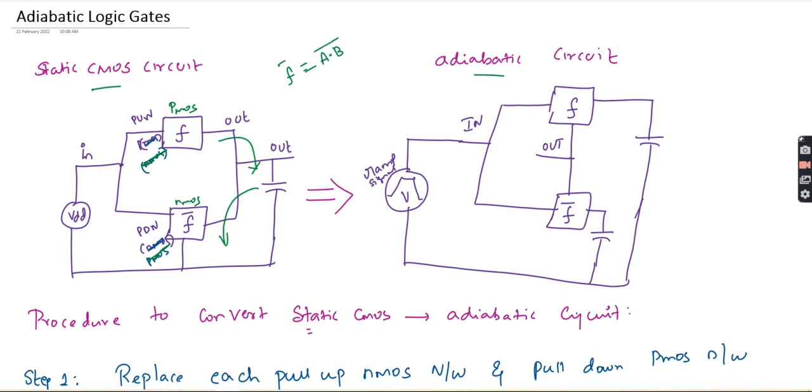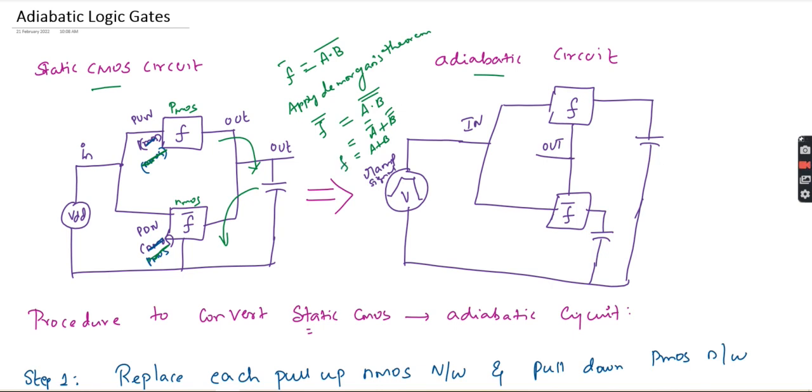If you want to get F, apply De Morgan's theorem. F bar equals (A dot B) the whole bar. Then this becomes A double bar plus B double bar, which is A plus B. That is the function we get.